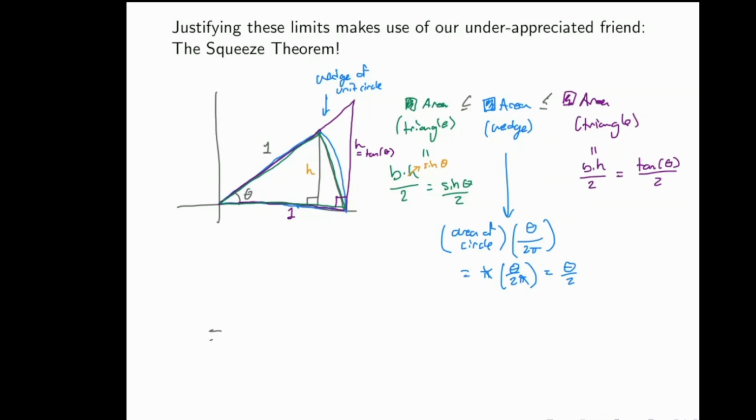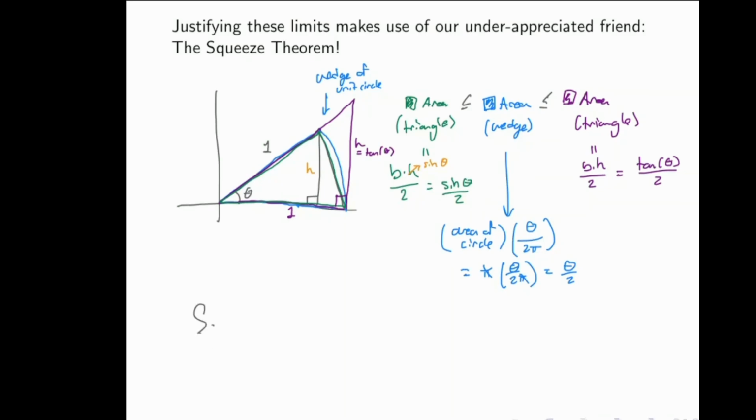Okay, so this tells us, maybe I'll write it like this. Sine of theta over 2 should be less than or equal to theta over 2, which is less than or equal to tangent of theta over 2 by our reasoning with the triangles and wedges here. I'm going to multiply by 2 and divide by sine of theta.